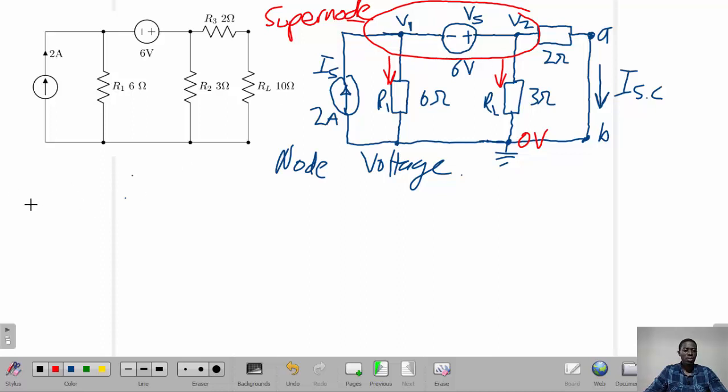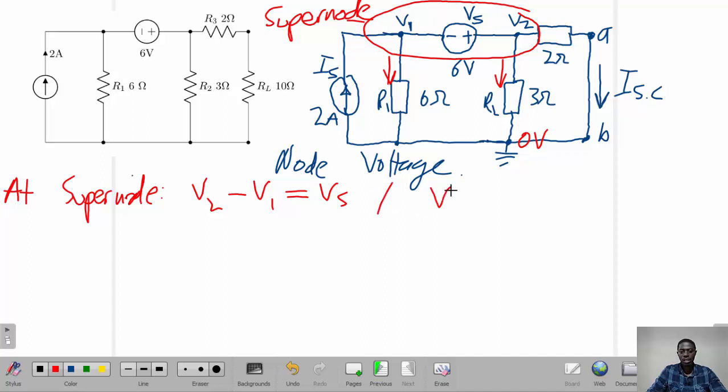So first equations are going to be at the supernode. So at the supernode, we have V2 minus V1 equals Vs. Or we can say V2 minus V1 equals 6 volts. That's our first equation.